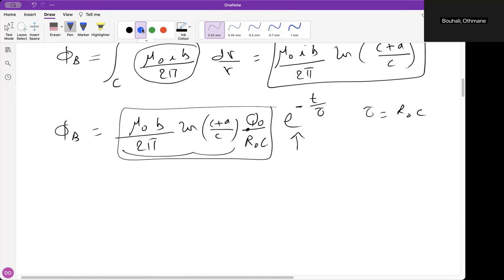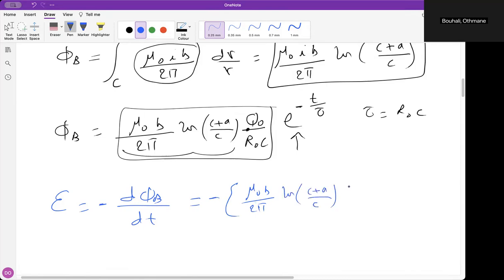So the induced EMF is equal to minus this. Of course, everything here is constant. It will give me minus mu 0 b over 2 pi ln C plus A over C, Q0 over R0C. But then I have minus 1 over R0C exponential minus t over R0C.